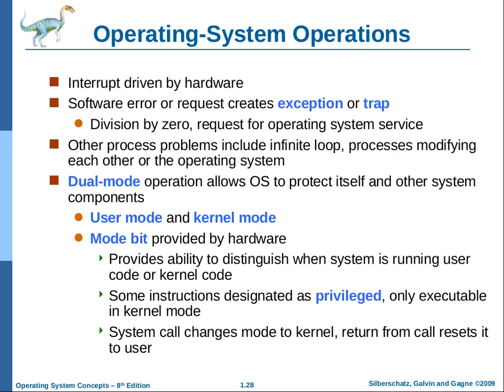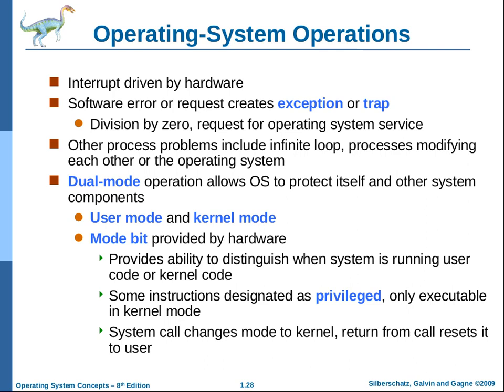Kernel mode has privileged rights, meaning that it can execute things in the kernel. It can directly tell a hardware device to do something. When you're in user mode, you can't. You're not allowed to access certain pieces of hardware.